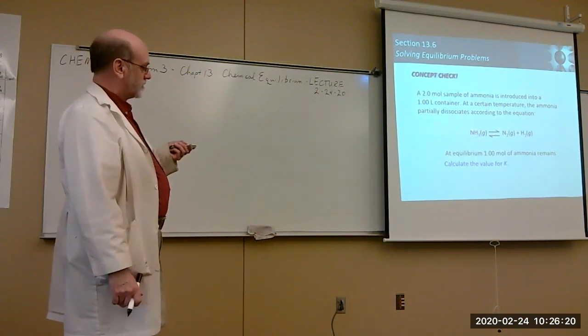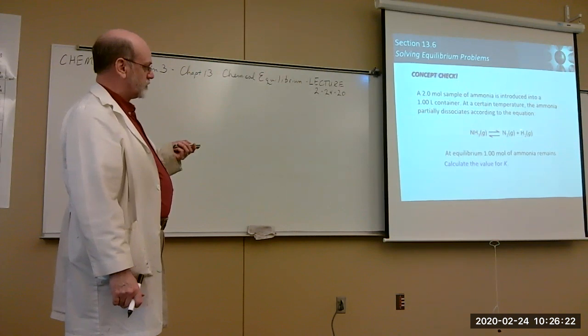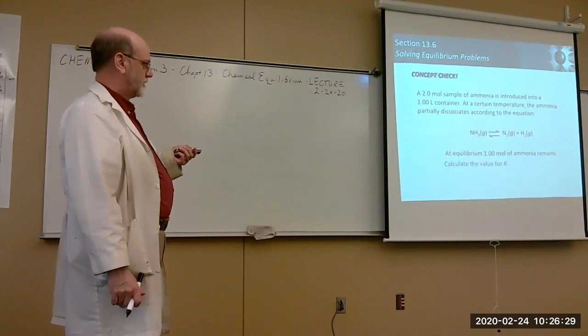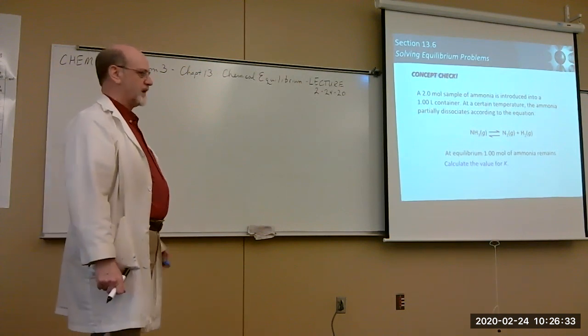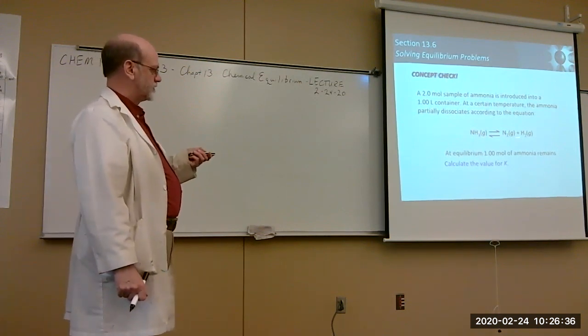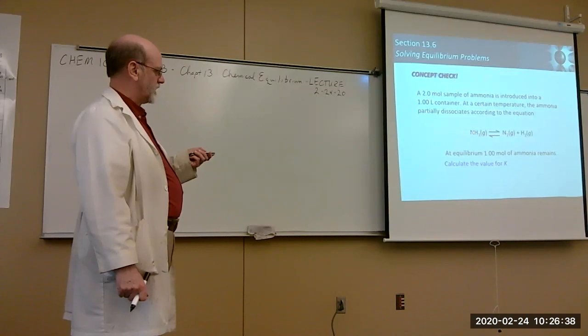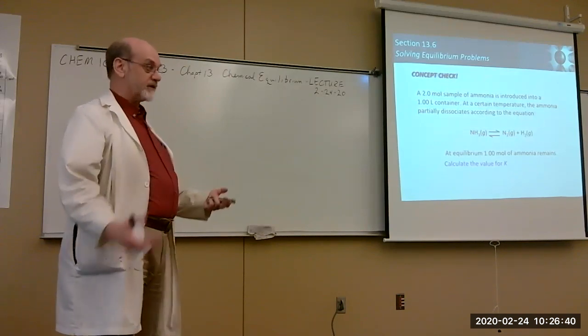Now this one is the reverse of the Haber-Bosch. Here we're decomposing ammonia into nitrogen and hydrogen. But is that balanced? It's not balanced. 3 hydrogens, 2 hydrogens, 2 nitrogens, 1 nitrogen. So you have to balance it first.